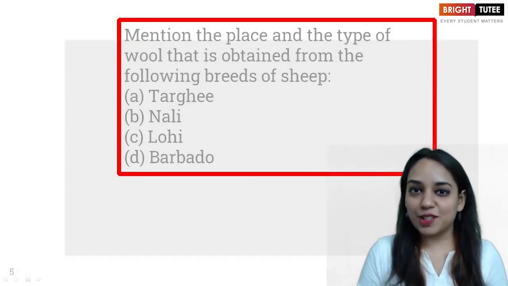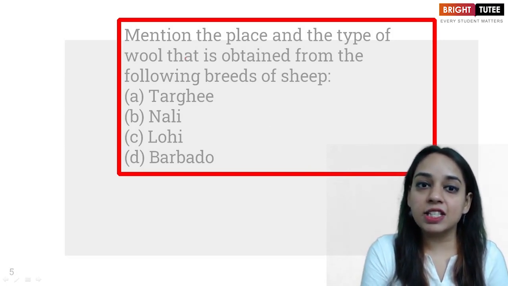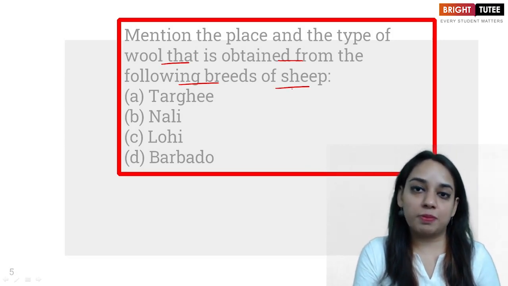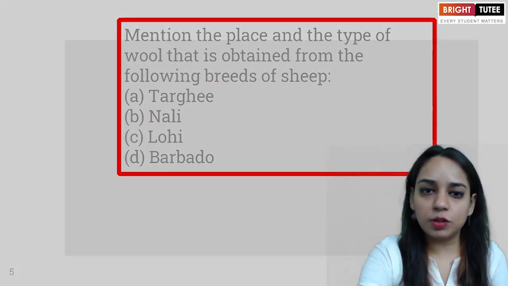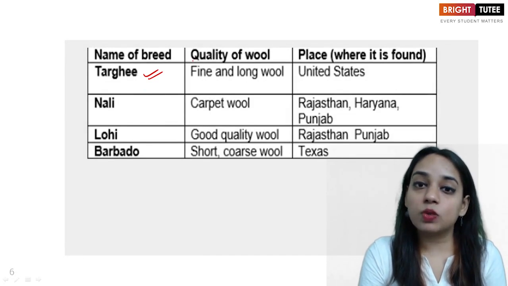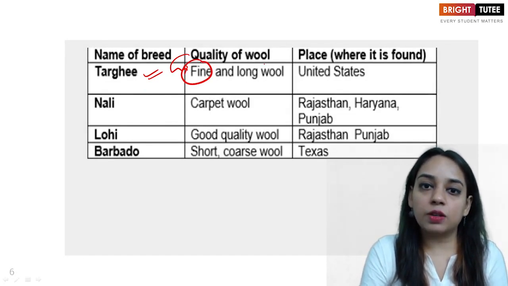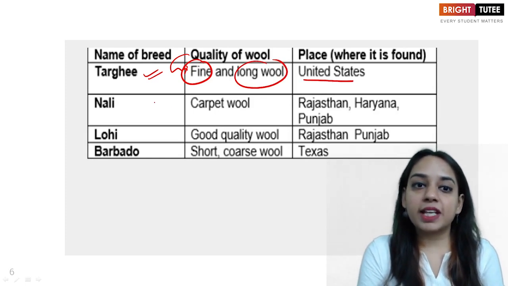Now comes the difficult question. Here children, we have to find out the place and the type of wool which is obtained from the following breeds of the sheep. We must be aware where we obtain these. So let's have a look at these. So guys, Targhee is the name of the breed, and it gives us quite fine and long wool, and it is found in the United States. Okay, next one is Nali.